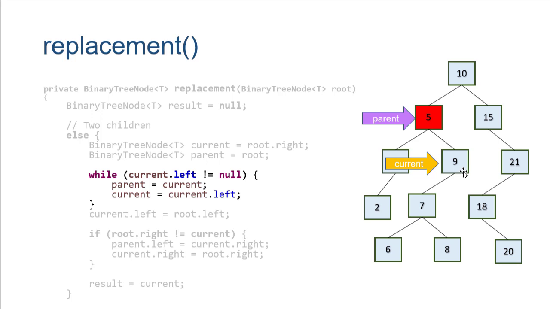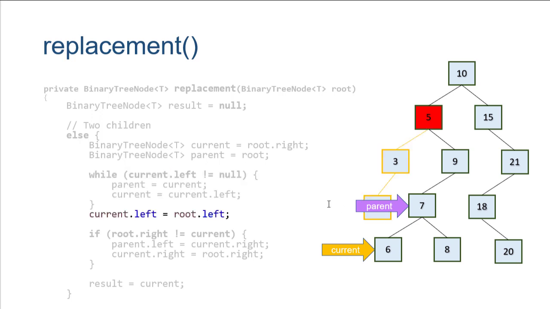Since current does have a left subtree, we're going to set parent equal to current and current equal to its left subtree. Current still has a left subtree, so we're going to do it again. And now we're at the case where current doesn't have a subtree, so we're going to exit the loop. So now we're going to set current's left to the original root's left subtree. That's this subtree right here.